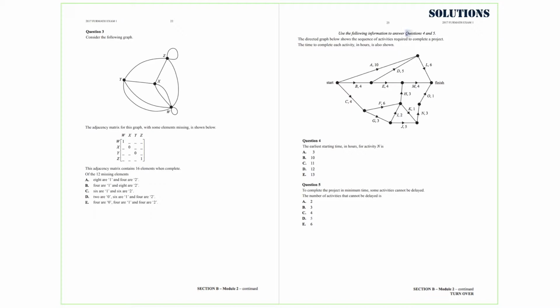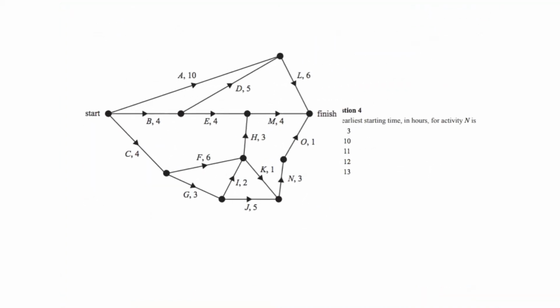Use the following information to answer questions 4 and 5. The directed graph below shows the sequence of activities required to complete a project. The time to complete each activity in hours is also shown. Question 4.